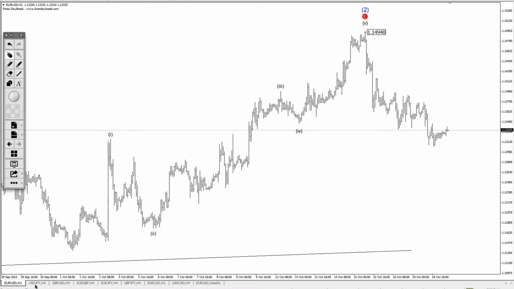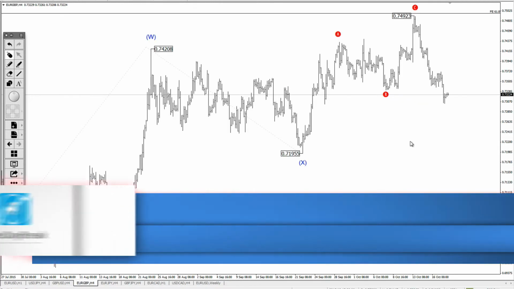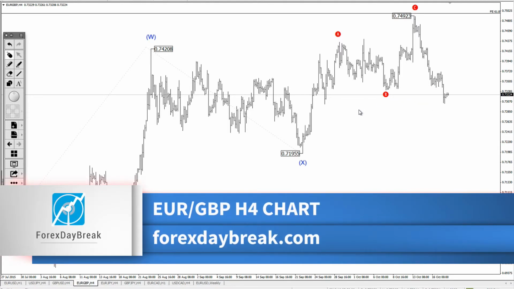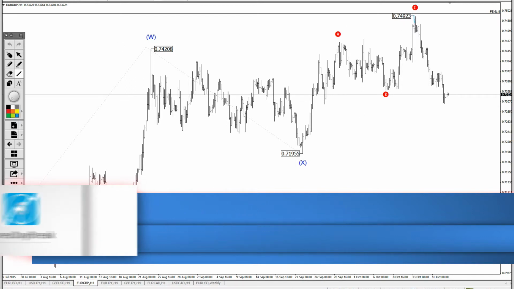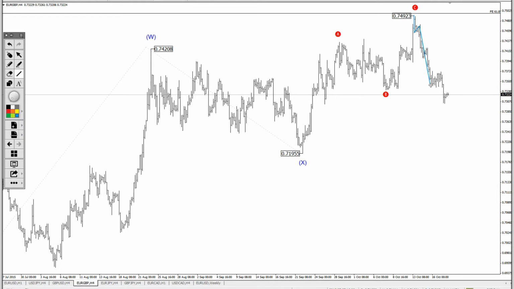All right, let's see EURGBP, which is in a similar situation. We might have seen the first five-wave structure formed here, and perhaps we will see also a move towards 0.733 levels, and the first corrective structure might be forming here.